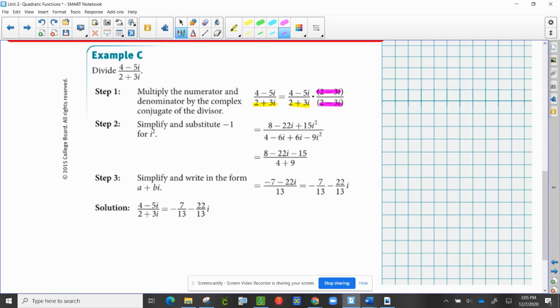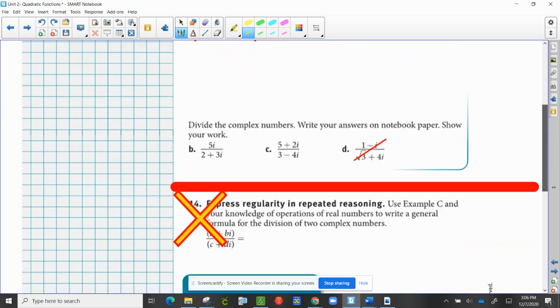But again, the point is to get the bottom to be a plain number, because all the i's will cancel out. These cancel. i squared becomes -1 and all that. Okay? I personally would not write my answer like this. I would just keep it as this big fraction. So the less extra work you have to do, the better. But let's try some examples together here.